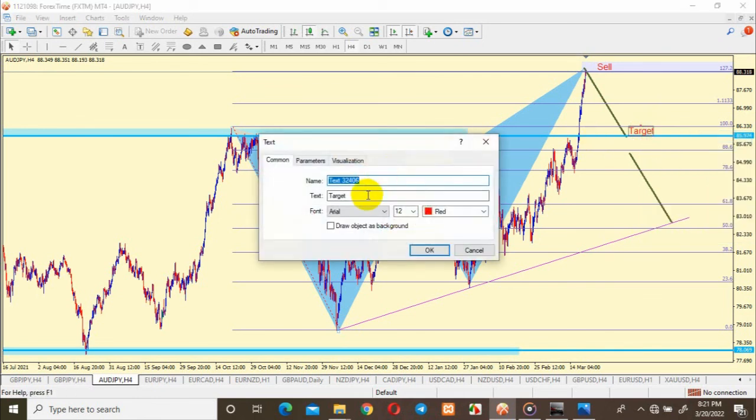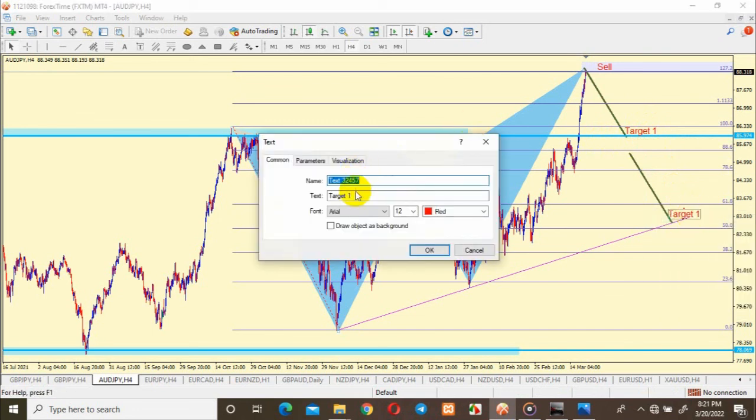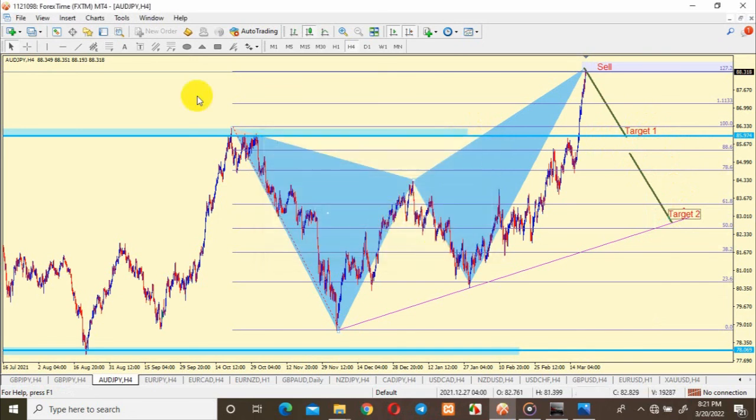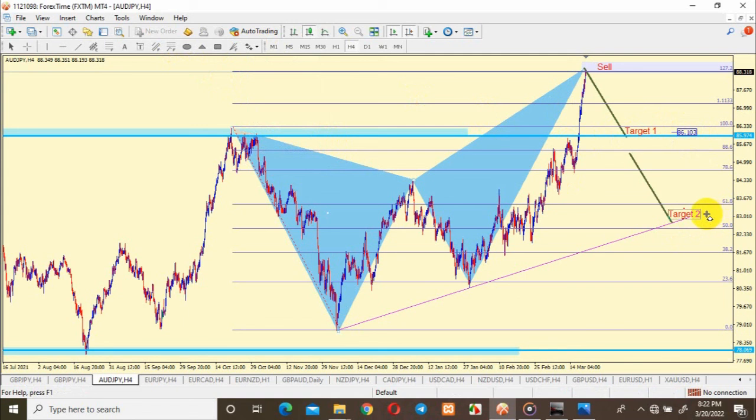So let's name it target 1 here, and let's name here target 2. So we have our target 1 around 86.10, then our target 2 should be 83.08.